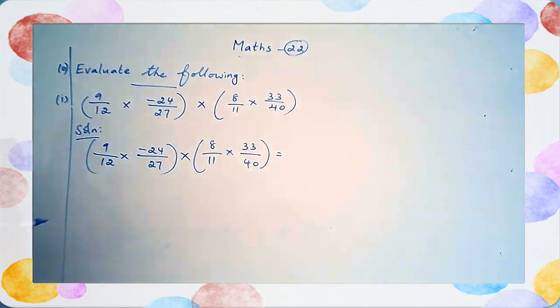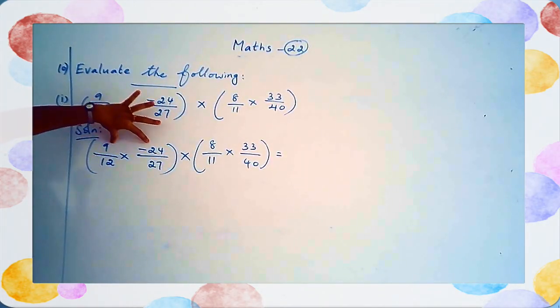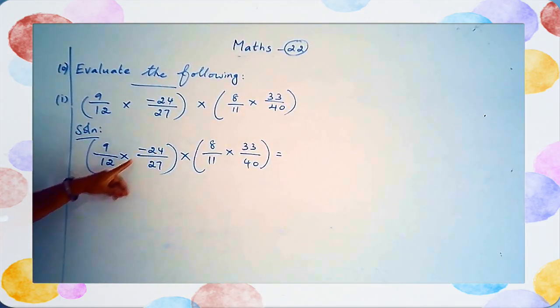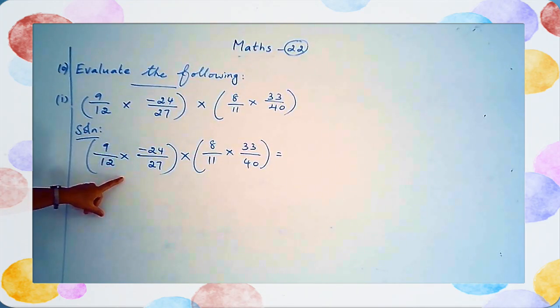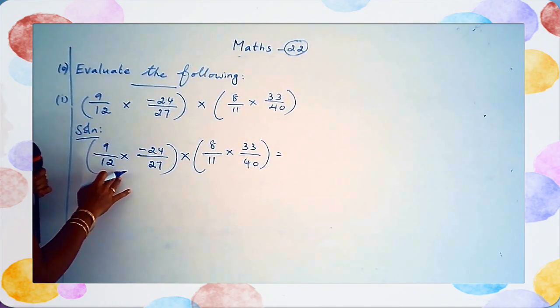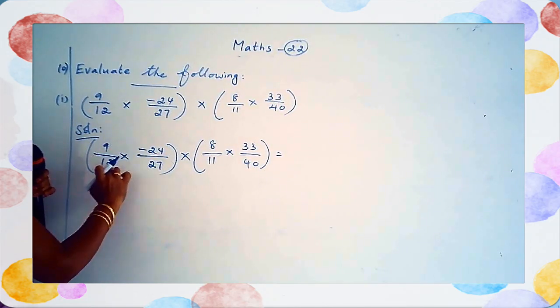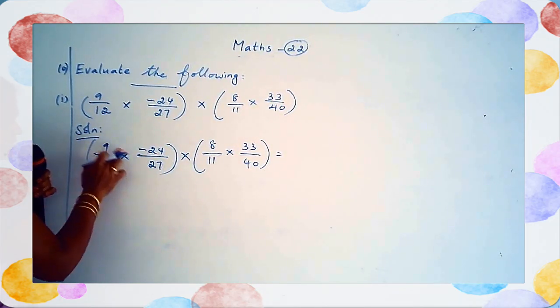First of all you have to find the value of this bracket, and after that the value of the other bracket. Now you see here the operation is multiplication. So first of all we have to see if any common factors are there between numerator and denominator. Yes, it is surely divisible by 2 and by 3.